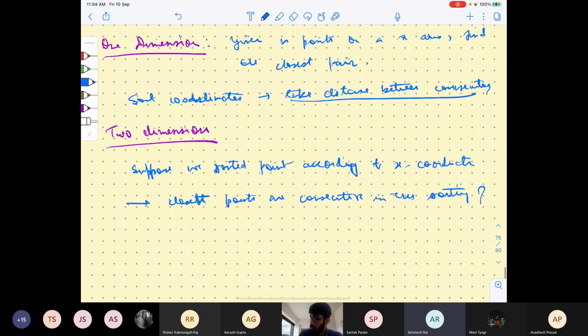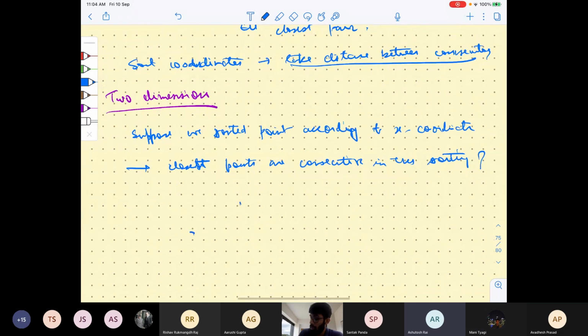No, right? Because two points can be very close to each other and yet far in sorting order, and you can have something like this, where this pair is the closest but not consecutive in the sorting. You are just mapping them onto the x-axis, and the distance over the y-axis might matter.